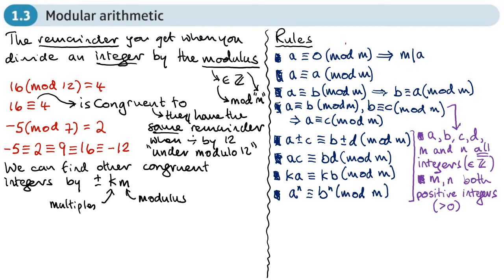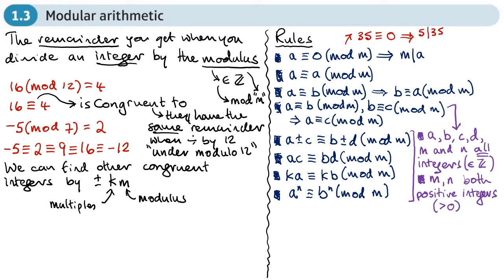Let's say that 35 is congruent to 0. Okay, that means that 35 can be divided by its modulus. So its modulus could be 5, couldn't it?